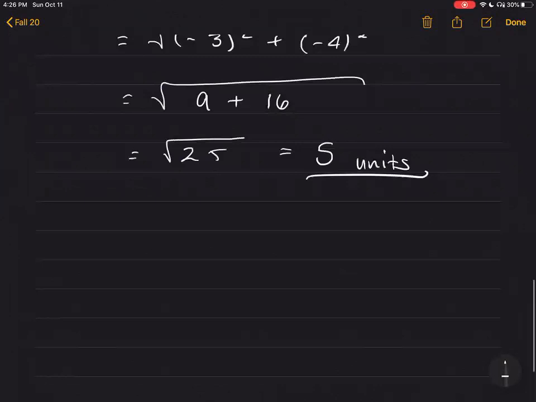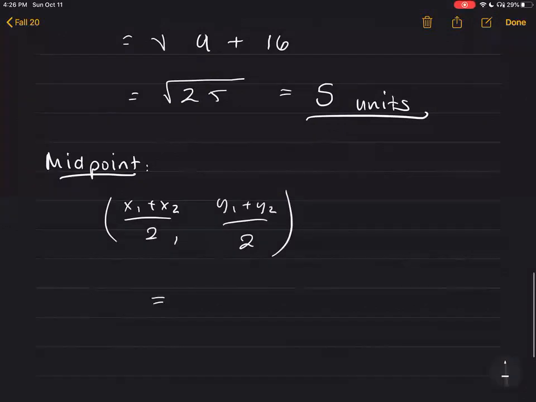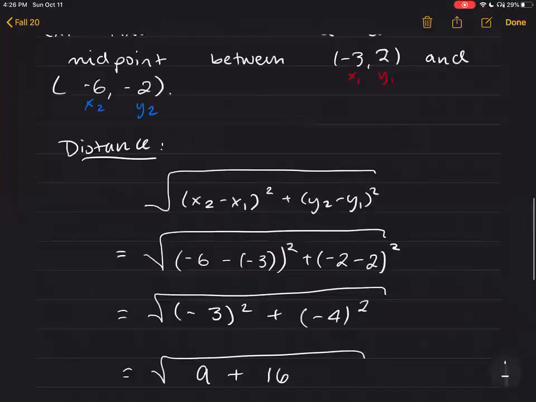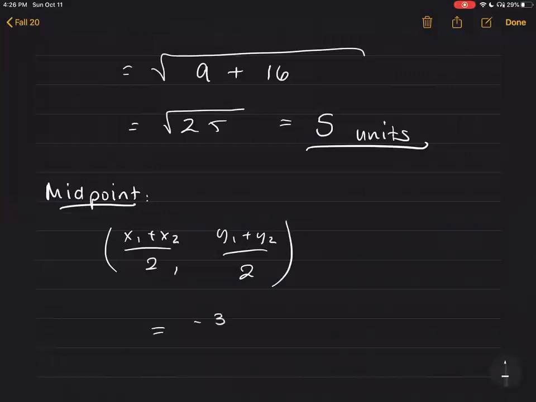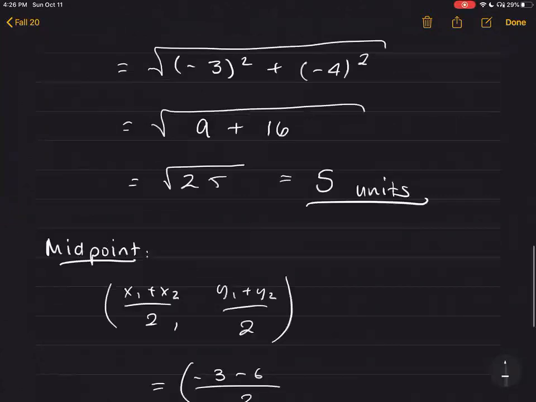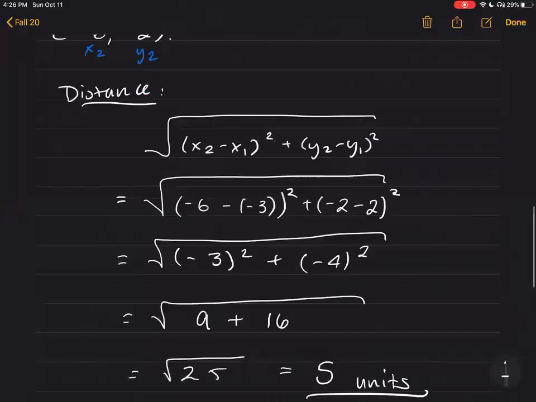Cool. For their midpoint, we're going to use the formula. So remember, it's x1 plus x2 over 2, then y1 plus y2 over 2. And so if we plug those things in, if we remember, x1 is -3, x2 is -6. So we get -3 minus 6 over 2 in the x slot. And then y1 is 2, y2 is -2.